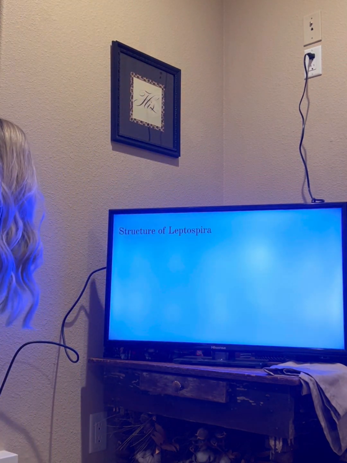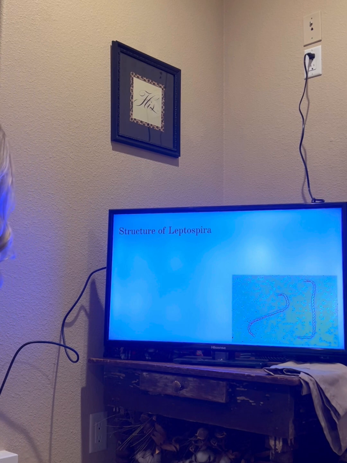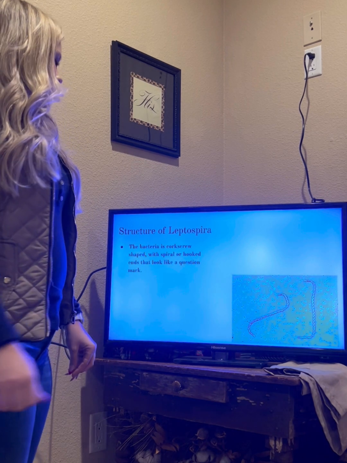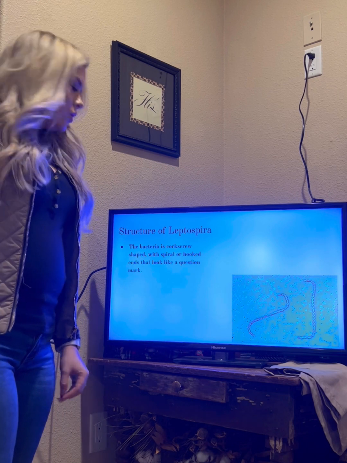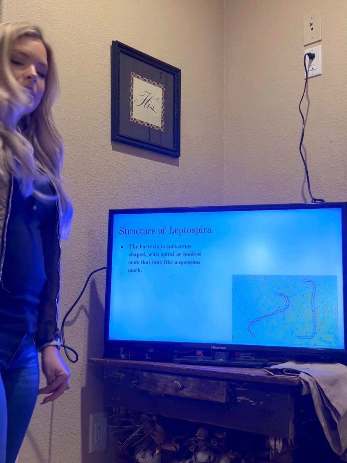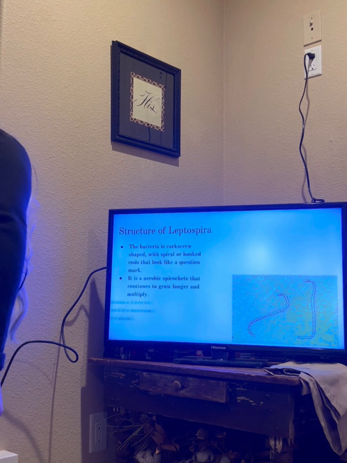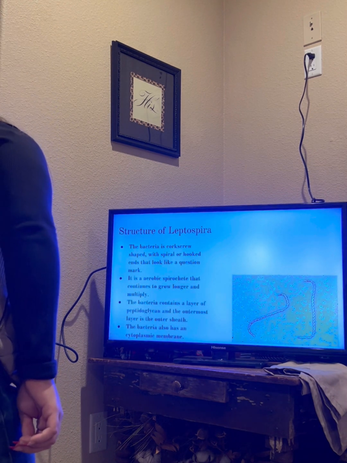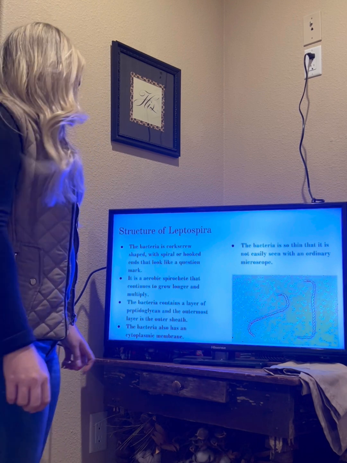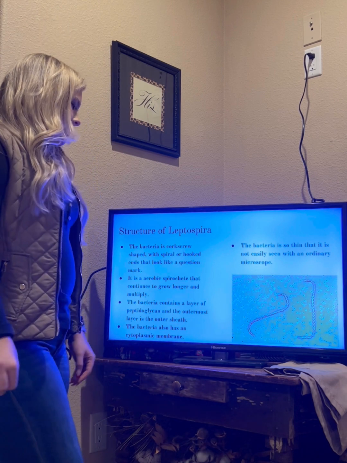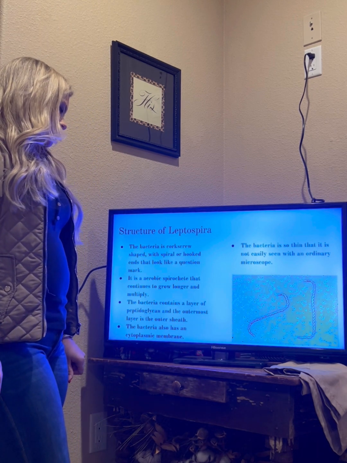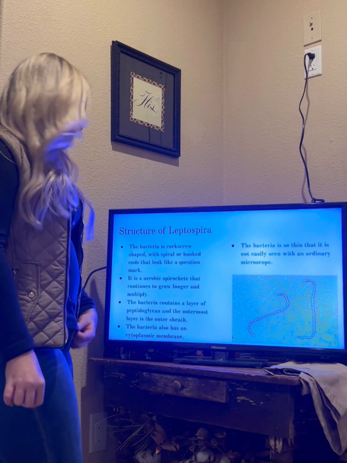The structure of Leptospira. The bacteria is corkscrew-shaped with spiral or hooked ends that look like a question mark. It is an aerobic spirochete that continues to grow longer and multiply.